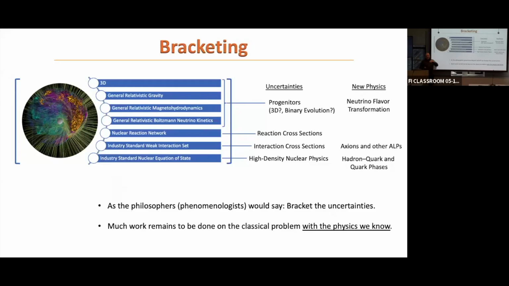There are multiple modes of flavor mixing, 3 of which are not relevant for the explosion mechanism, but 1 of which potentially is, known as the fast flavor transformation, or fast flavor instability. That happens below the shock, presumably, which means that it could impact shock reheating.